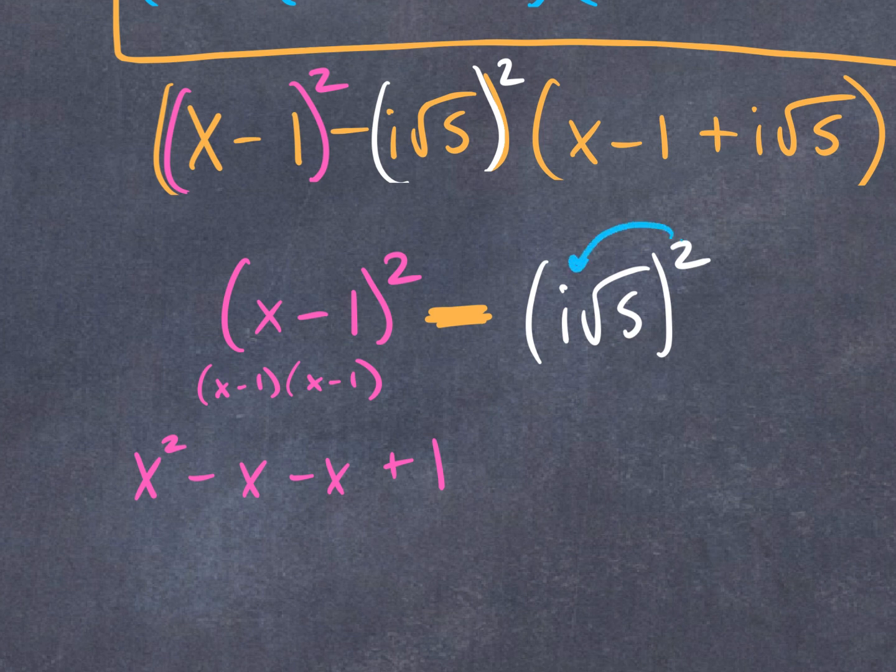I got to distribute the squared to the i and the square root 5. So this would be minus i squared. And what's square root 5 squared? 5. Remember, the square root and the squared cancel. So this would just be 5. So if we write it in standard form, it should be 5i squared.